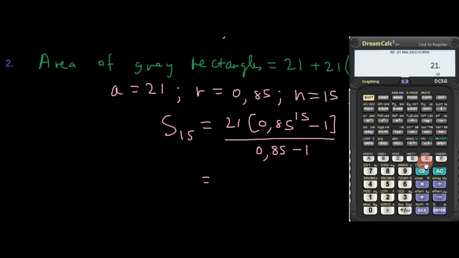So 21 into 0.85 to the 15 minus 1, divided by 0.85 minus 1. And this is 127,77.